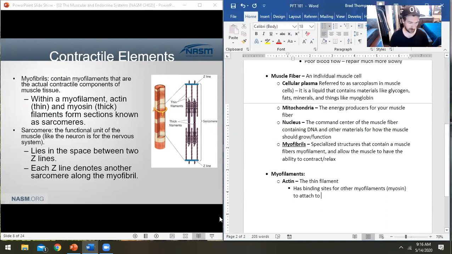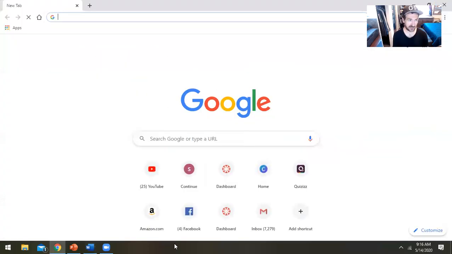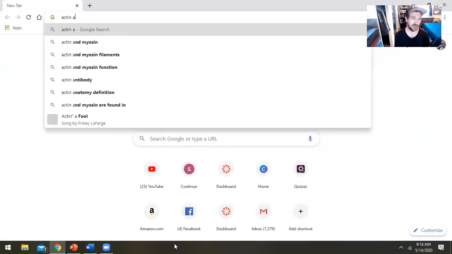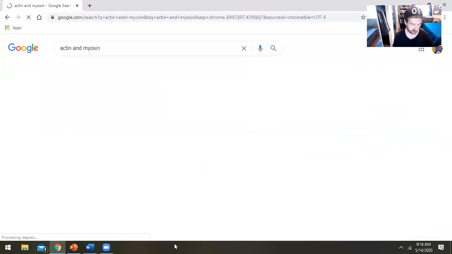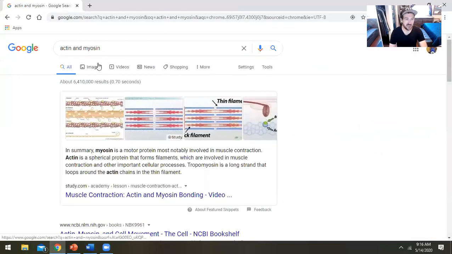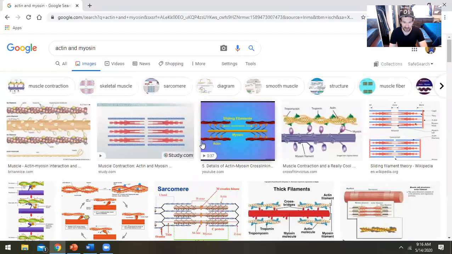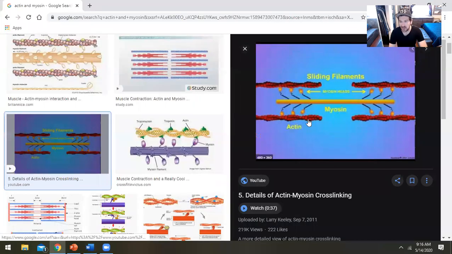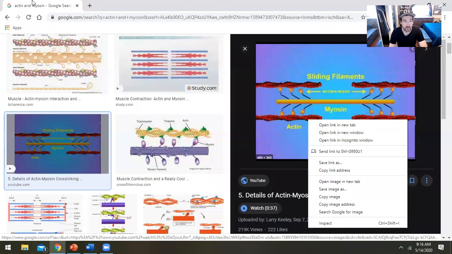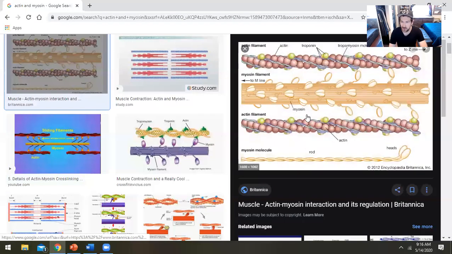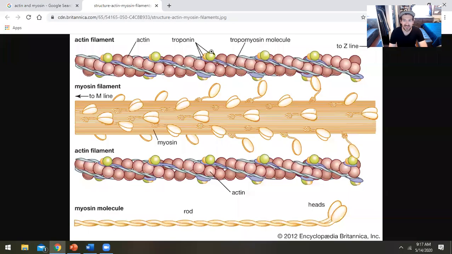Let's go ahead and pull up a much larger picture here. Actin and myosin, right? So here's a much larger picture of what this looks like, right? You can see, actually, this is way better. You can see these little strands here, right? This is your actin strand. And then this is your myosin strand.